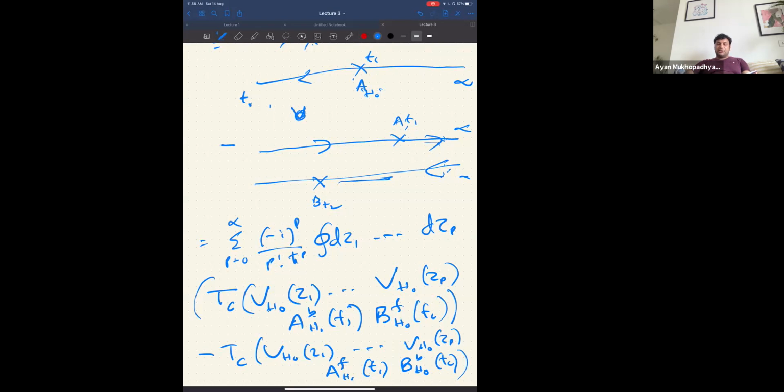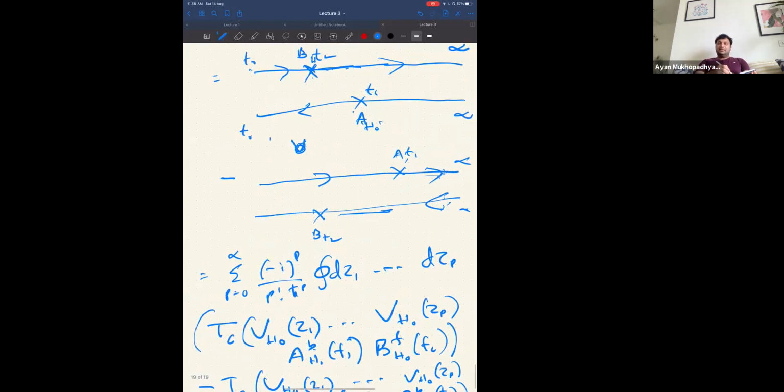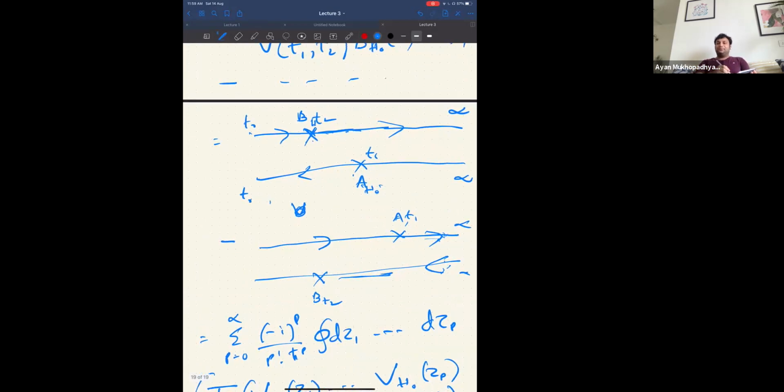But the point is that if you want to develop a computational tool, you have to know how to compute on this funny contour that goes forward and then backward in time. What we will later see is that when we only compute transition amplitudes, the backward part of the contour will simply dissociate. It will not be very important.